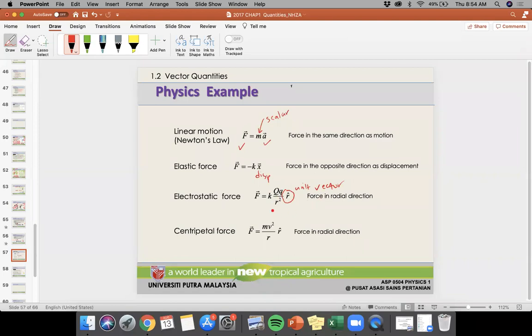So how do we know it's a vector? Because of this guy here, the unit vector. Centripetal force. Again, there are no vector arrows here, but how do we know it's a vector? We have this unit vector. Okay, these two guys are quite difficult, so we're going to learn that in Sem 2. Oh no, centripetal is in this semester.